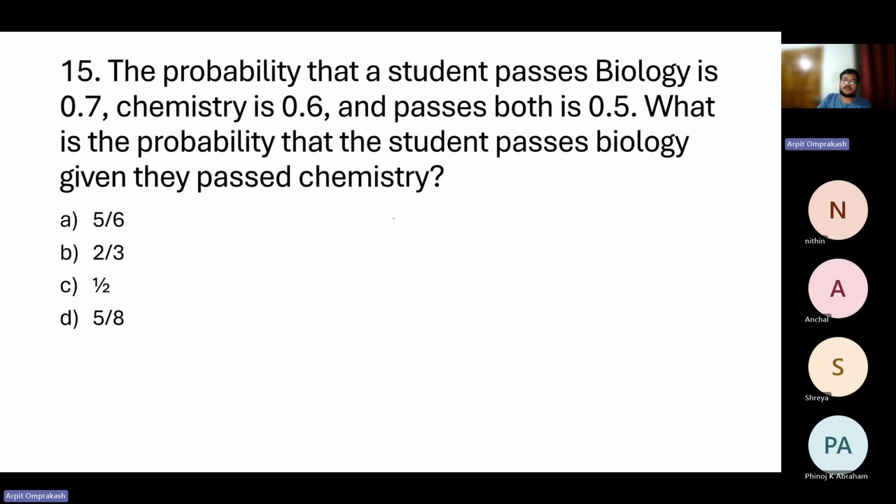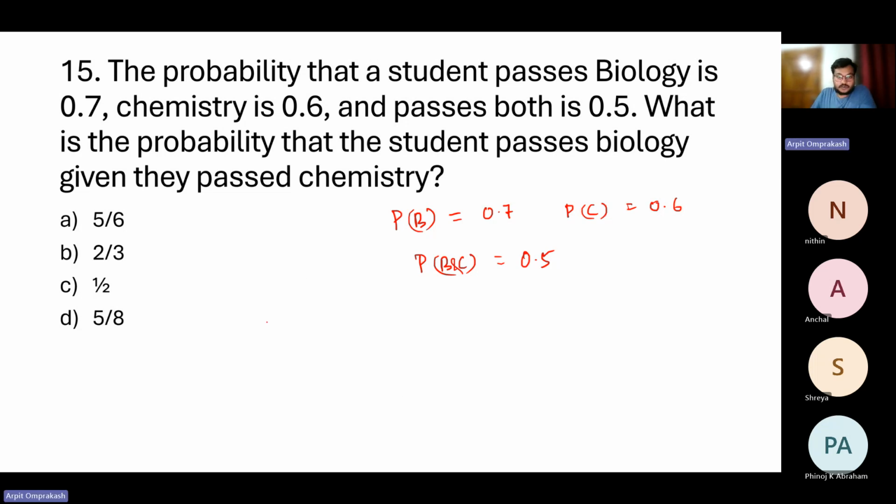The probability that the student passes biology is 0.7, chemistry is 0.6, and passes both biology and chemistry is 0.5.